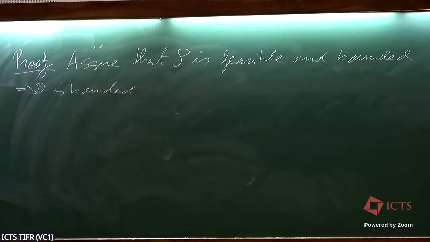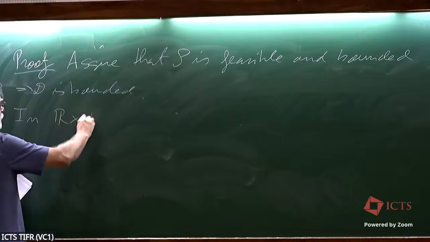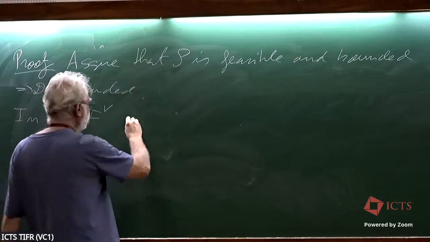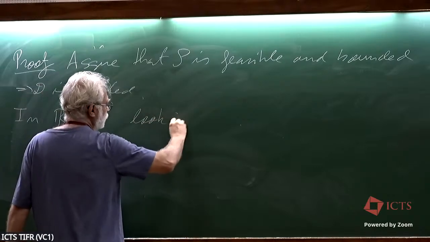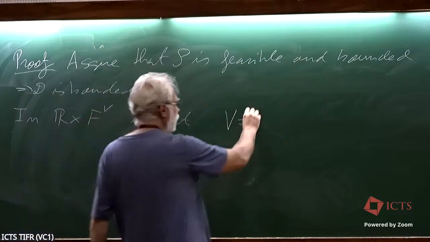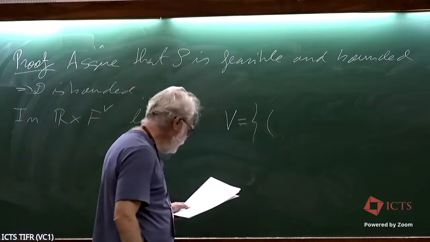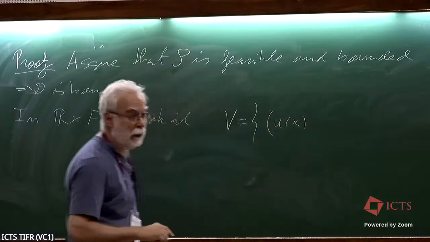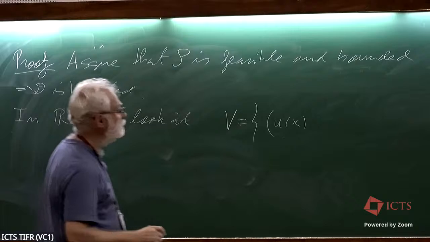And now I want to look at two spaces. So in R times F dual, I look at the following spaces. So B will be just the set of all elements of the shape U of X. Remember that U of X is our target function that we want to optimize.